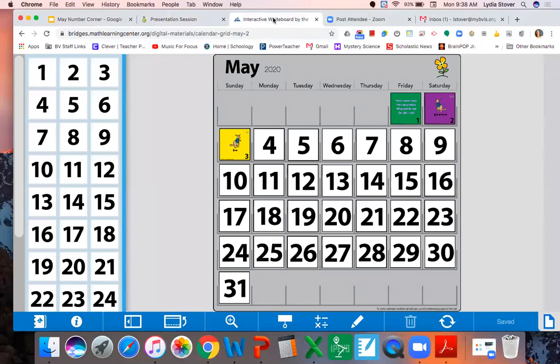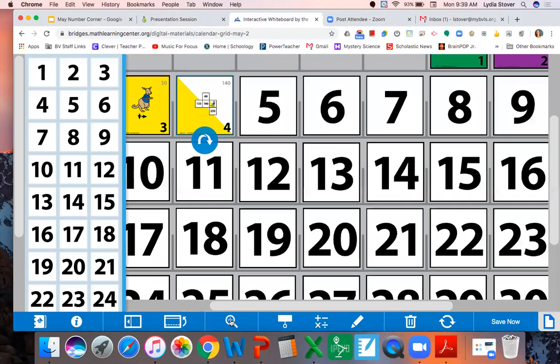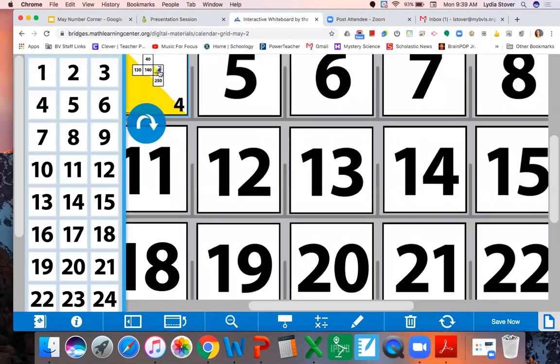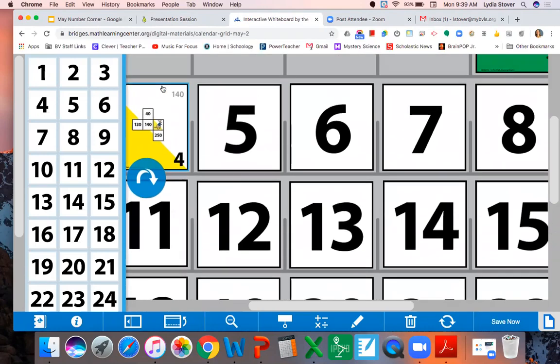We are going to take a look at our calendar here. So we had green, purple, yellow. Let's flip over May 4th, and we have half of a yellow, but I need to zoom in. Okay, so look where our kangaroo went. Put in the chat what number you see she's on. We have to think about where she moved.